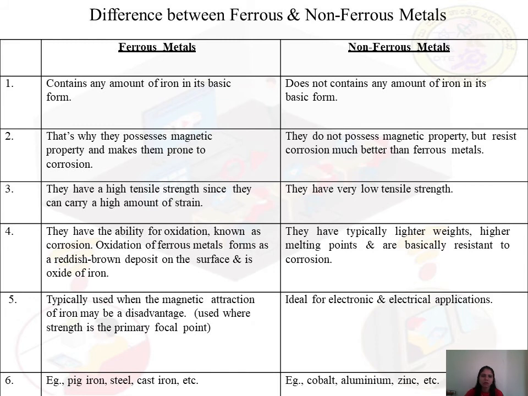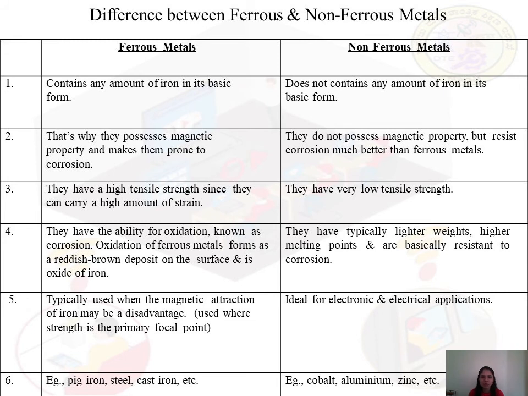And ferrous metals have high tensile strength. Non-ferrous metals have low tensile strength. The examples for ferrous metals, as you can see here, are pig iron, steel, cast iron and so on. The examples for non-ferrous metals are aluminium, zinc, copper, cobalt, tin and so on.